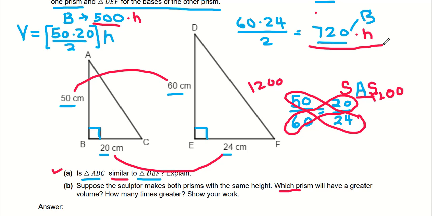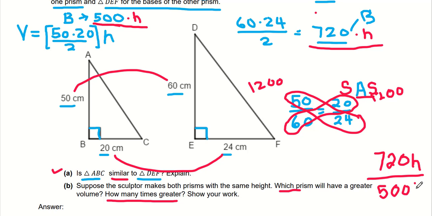Well, you can see 720 is greater than 500. So the second prism is going to be greater. And the amount, how much greater, we get by taking that second prism, 720 times H is the volume, dividing it by 500 times H, the original prism.